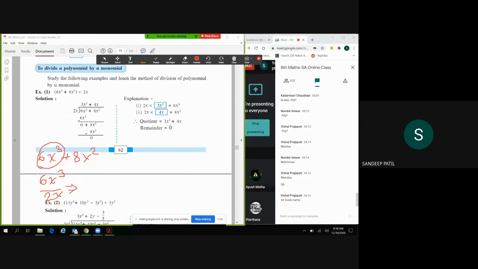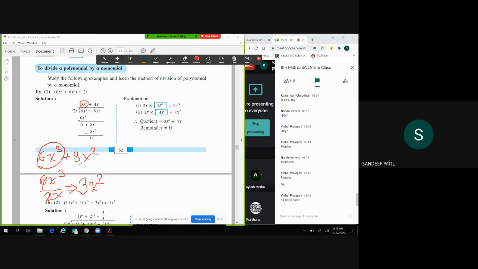We carry out the division for the constant term, 6 divided by 2, that is 3. Then x cube divided by x is x square. So the answer is 3x square.